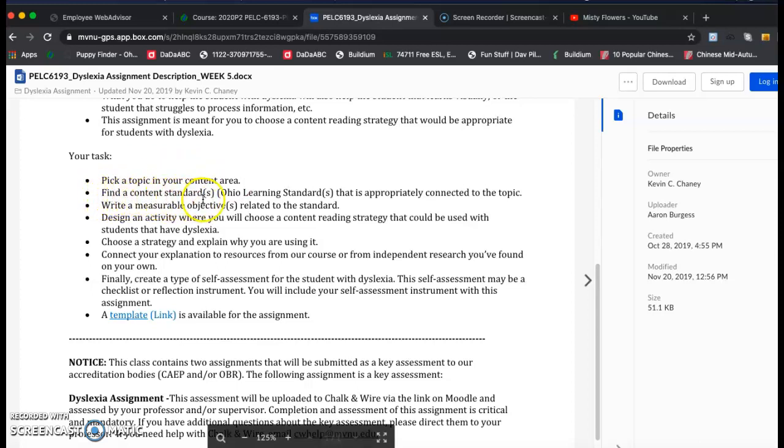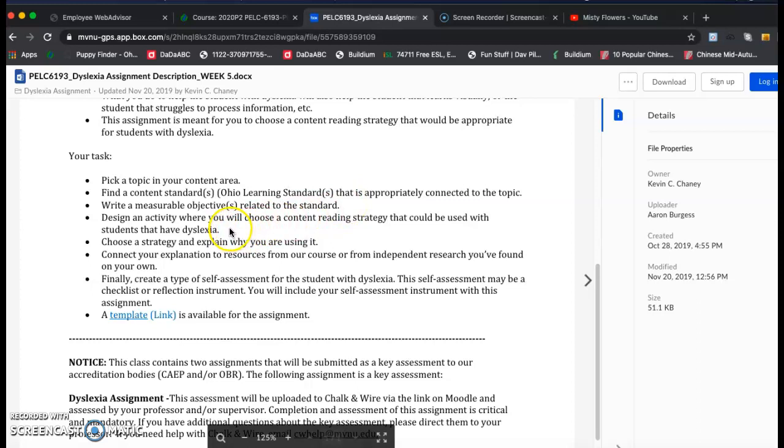Find a content standard from the Ohio Learning Standards that is appropriately connected to the topic. Write a measurable objective related to the standard.